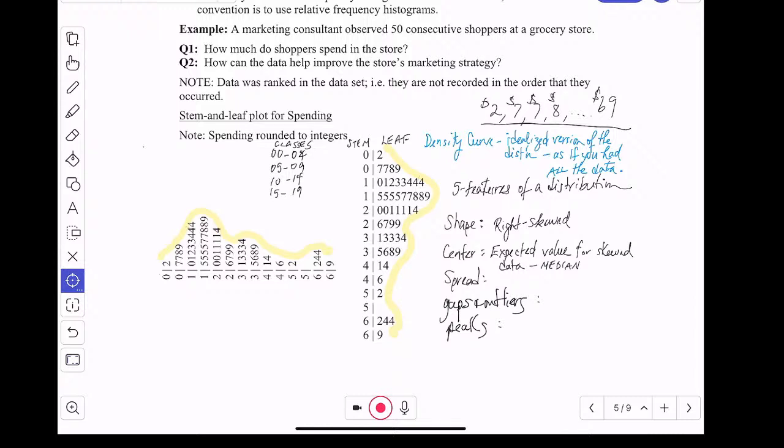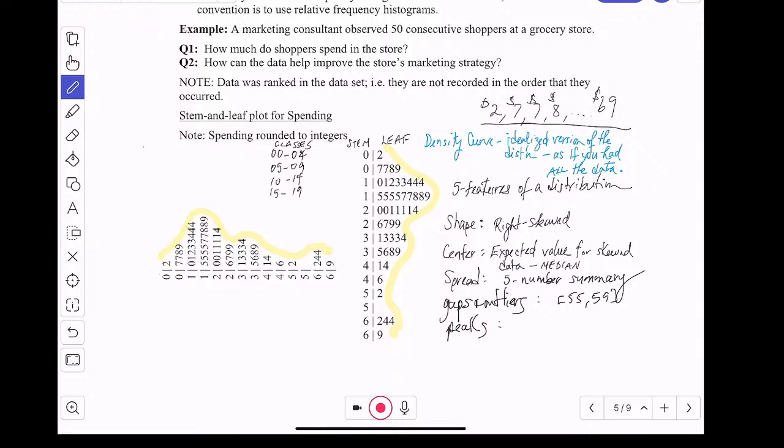So let me just summarize. In data that's skewed, for the spread you want to present what's called the 5-number summary, which consists of the percentiles, the quartiles of the distribution. For gaps and outliers, you want to comment, and here there's one gap between 55 and 59.